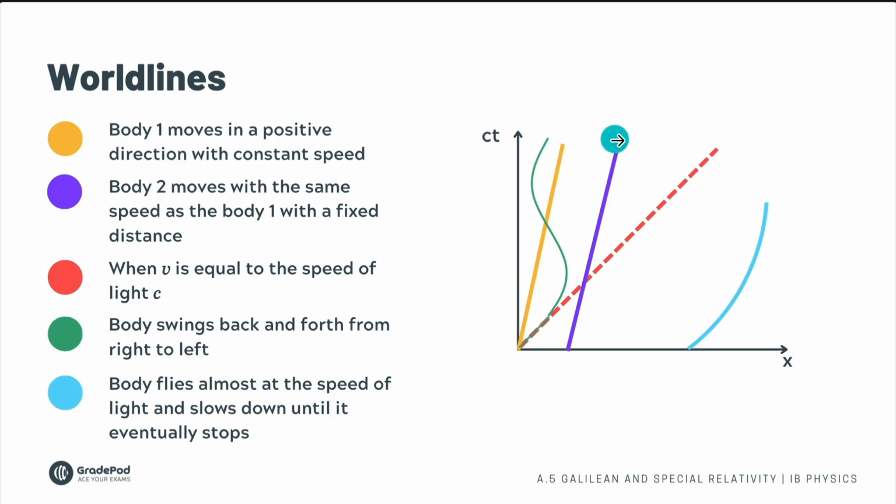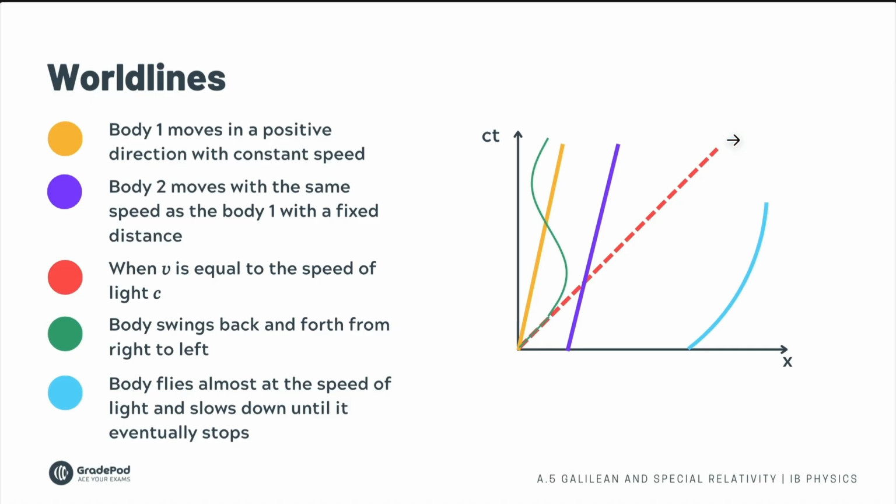Body 2 has the same speed as body 1, but it starts a fixed distance away from body 1, and that fixed distance is constant all the way through its journey because they're both moving at the same constant speed. The red dotted line, we've seen this before.